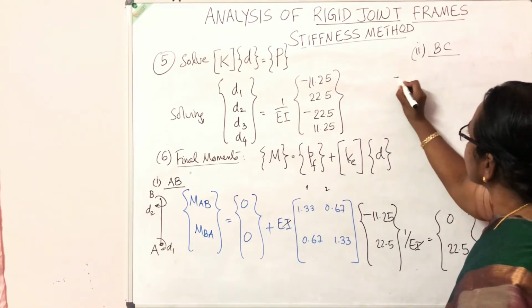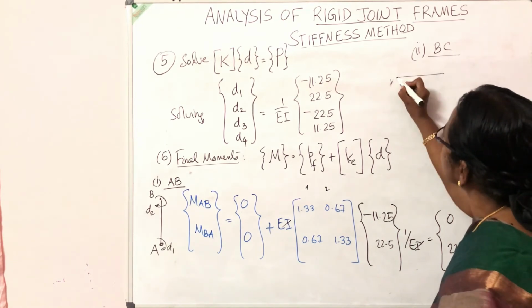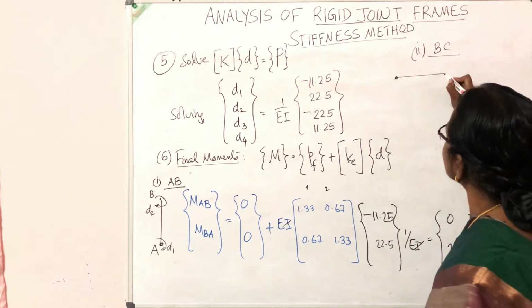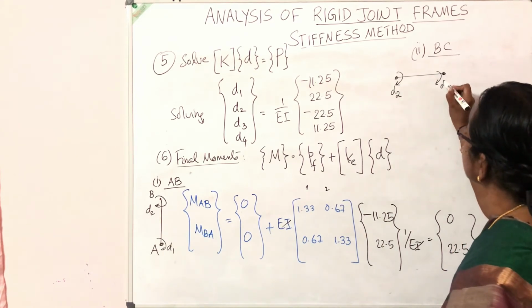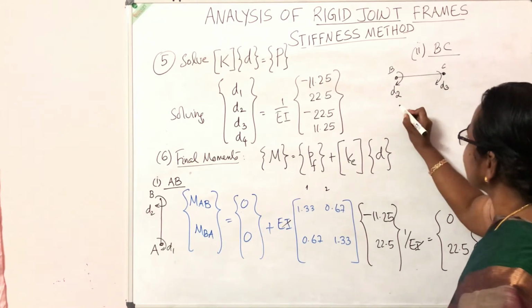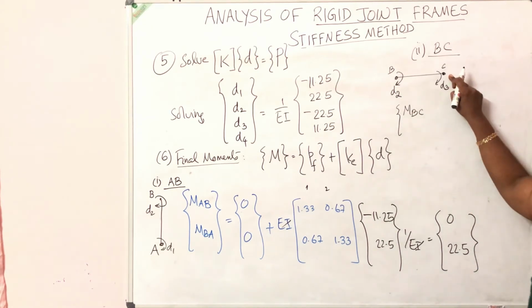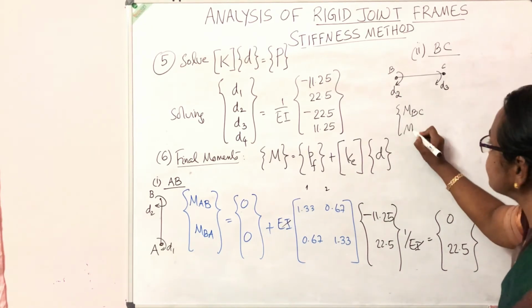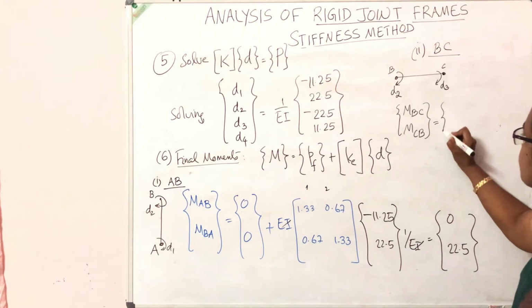Similarly, we can get it for the second element BC. For this element BC, the coordinates were 2 and 3. Corresponding to coordinate direction 2, we get the result MBC, and corresponding to direction 3, we get the result MCB, that is equal to the fixed end moment.